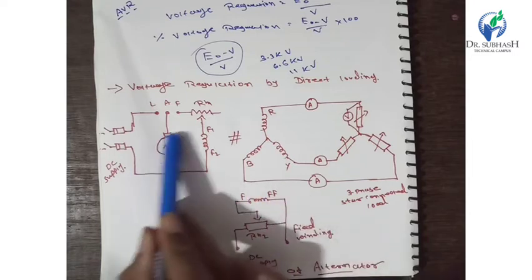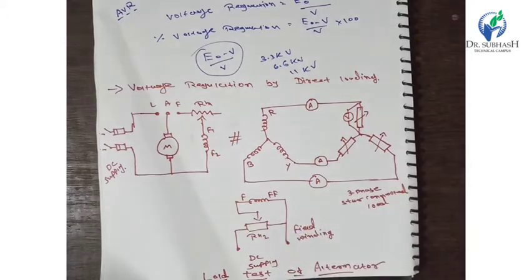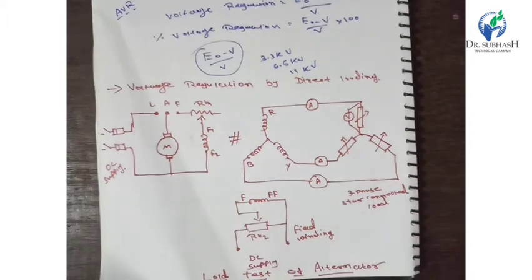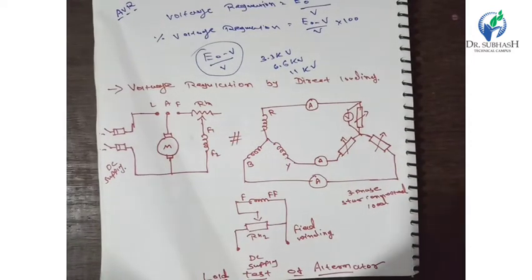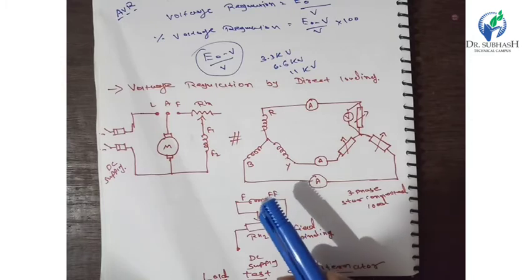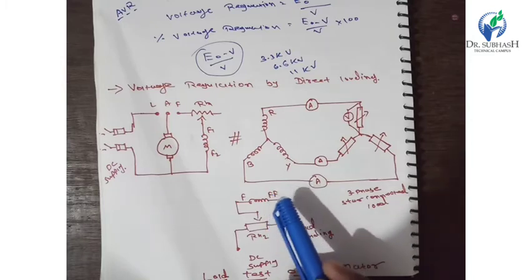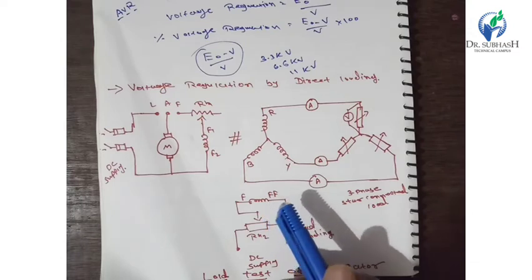For the process of this test, connections are made with the synchronism of an alternator and a DC machine. Initially, the load is in the off condition, the motor is started and its speed is adjusted to the rated speed of the alternator.